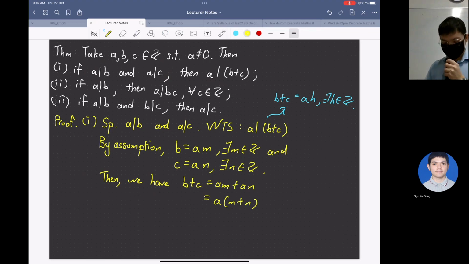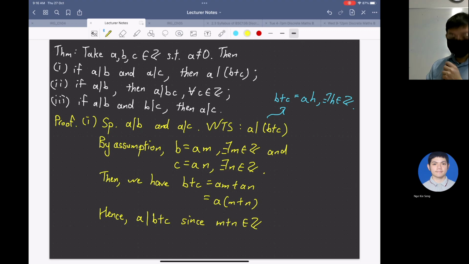M plus N is in Z, so that means A divides B plus C, since M plus N is an integer. So maybe try to do 2 and 3 using a similar method.